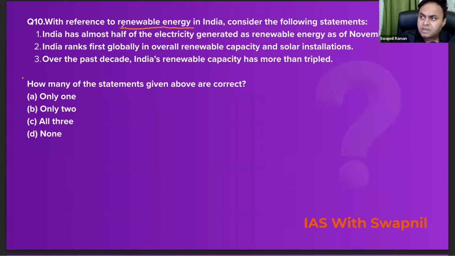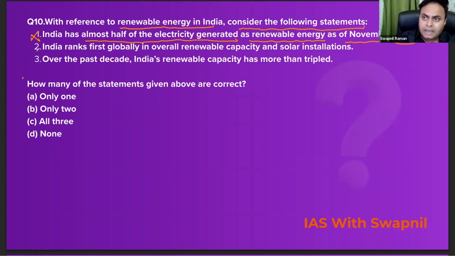With reference to renewable energy in India, consider the following statements. The first statement says, India has almost half of the electricity generated as renewable energy as of November 2025. This is absolutely incorrect. See, there is a difference between the installed capacity and the actual electricity generated from the renewable energy sector.